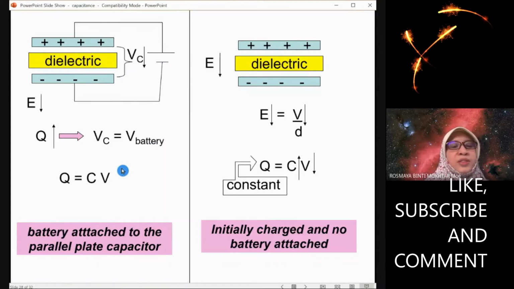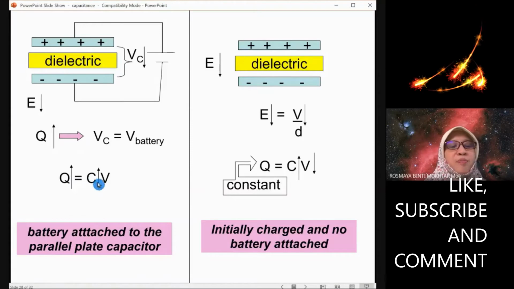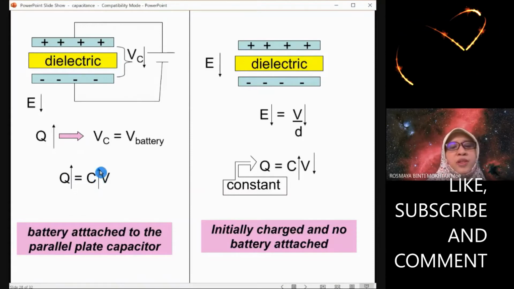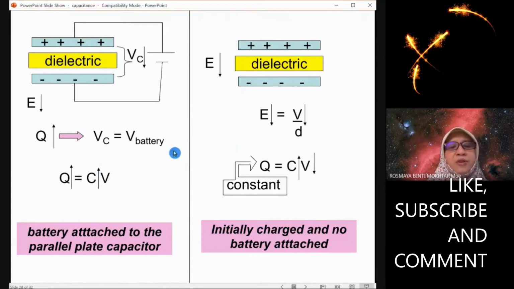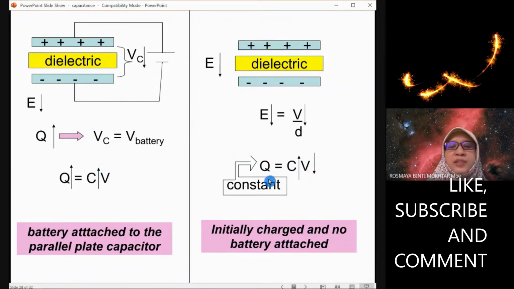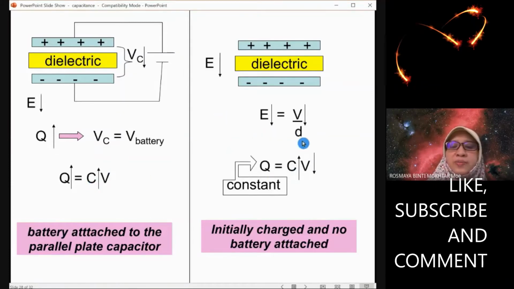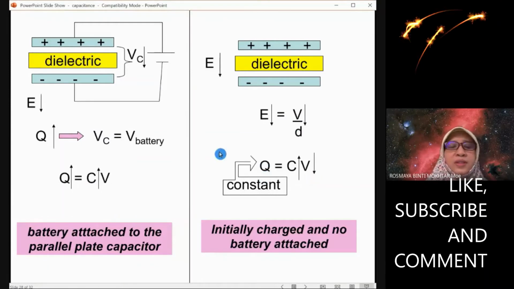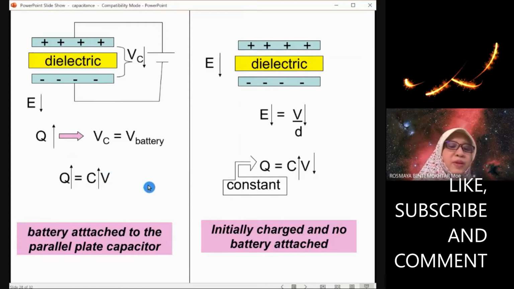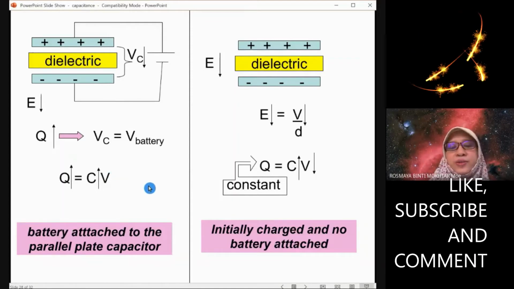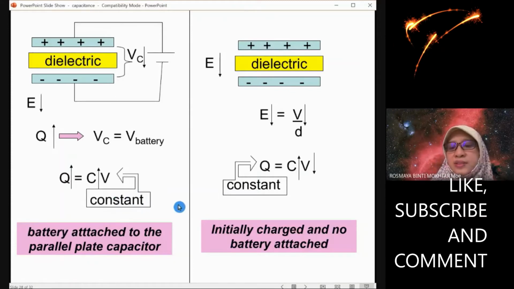So we say V is constant. When Q increases and V is constant, the capacitance increases. So for both cases, the capacitance increases. But in the first situation, Q is constant; in the second situation, V is constant. Any questions? Understand or not?